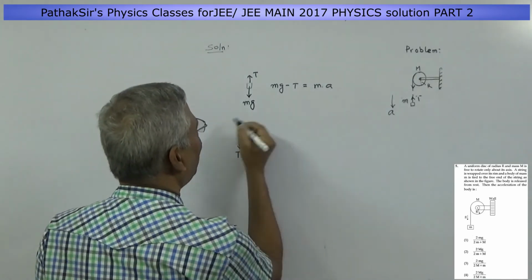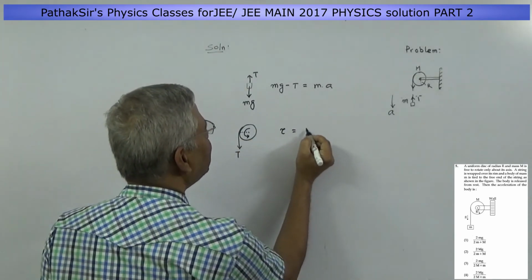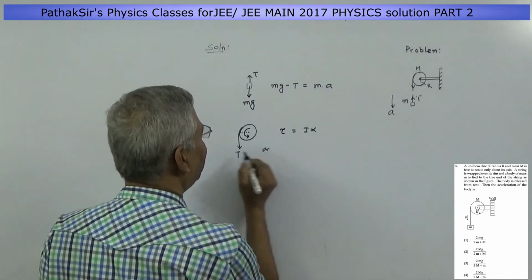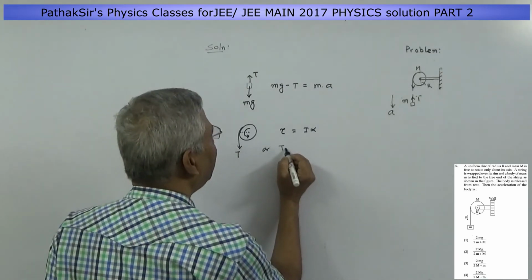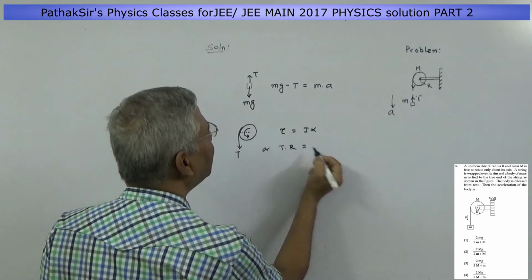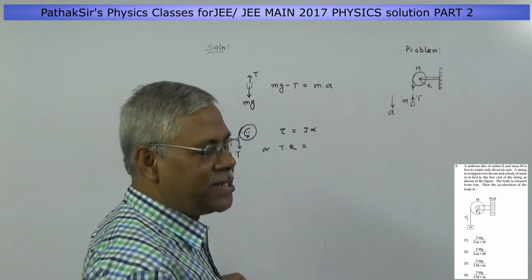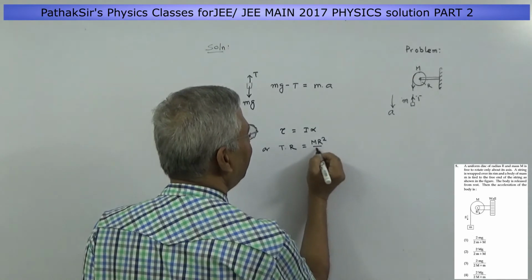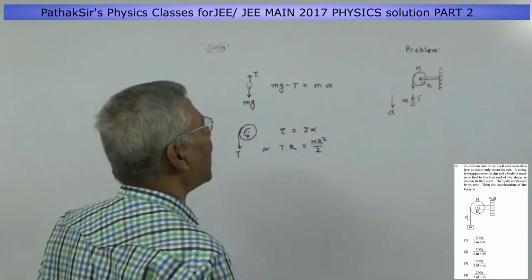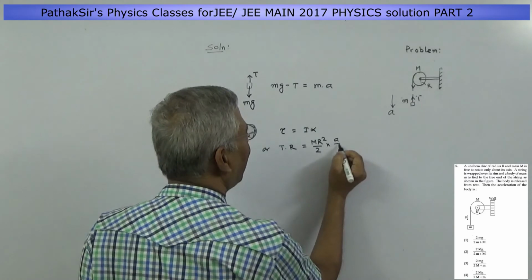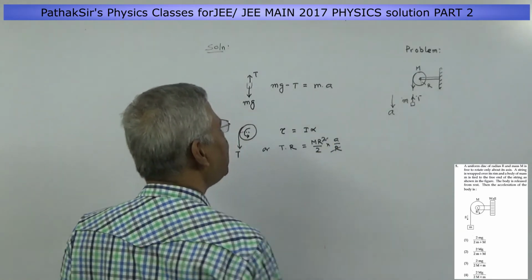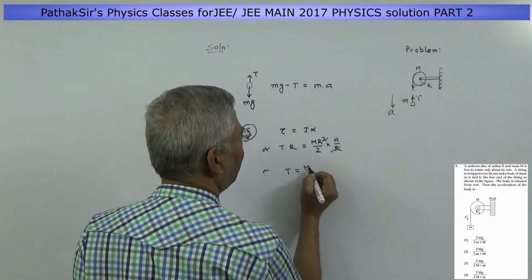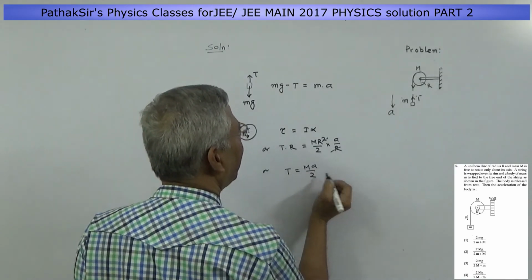So for rotation, the formula is tau equal to I into alpha. Who will exert torque? T will exert torque. That means T into R equals I into alpha. This is a disc, moment of inertia about its own axis is mr square by 2, and alpha is a by R. Cancel, or T equal to ma by 2.